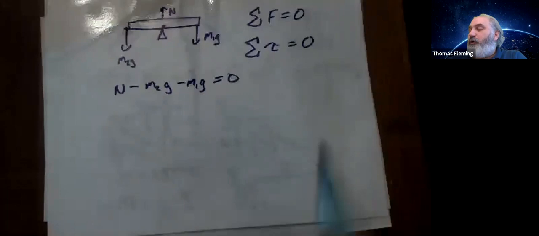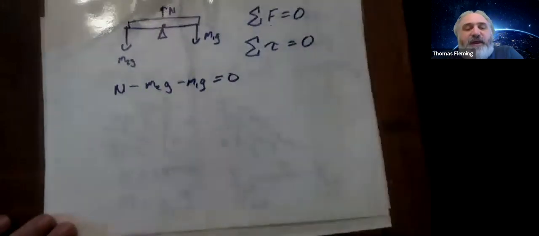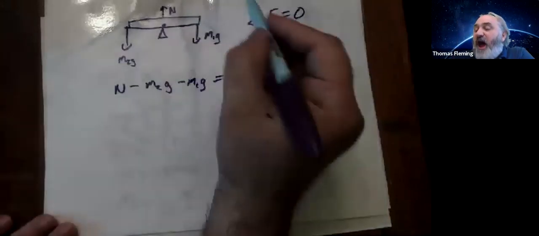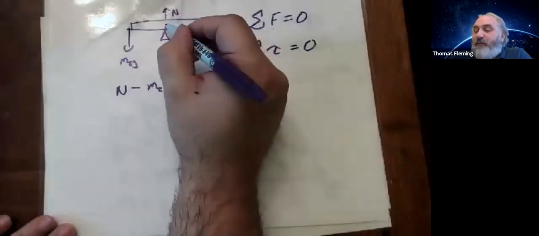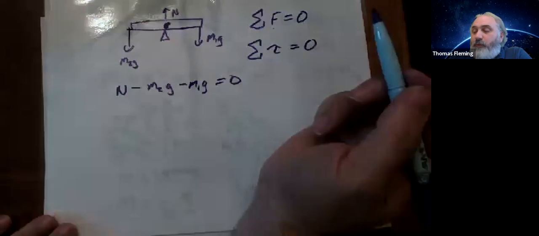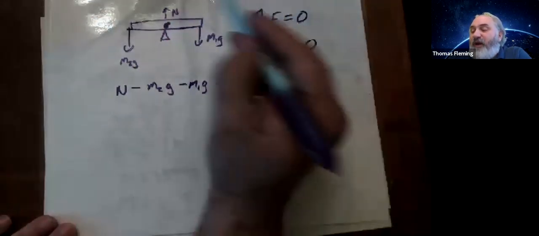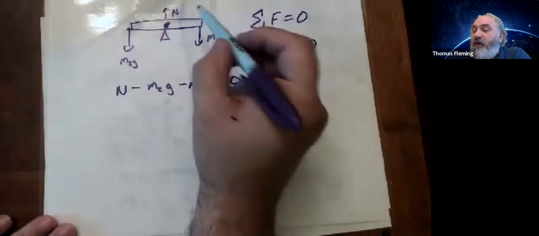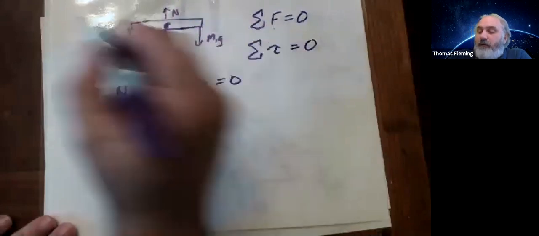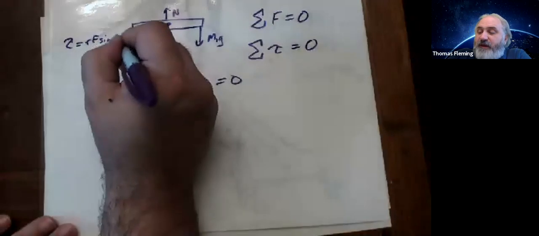When I go and I do the torque, well, torque is RF sine theta. I'd have to pick a place to be my axis, and I could pick any place I want. Maybe I pick one end, maybe I pick the middle. I'm going to pick the middle for this one, because I don't really care about n. And what would happen is I would have a torque from each of these 2 forces here, but none from n, because the torque would be RF sine theta.